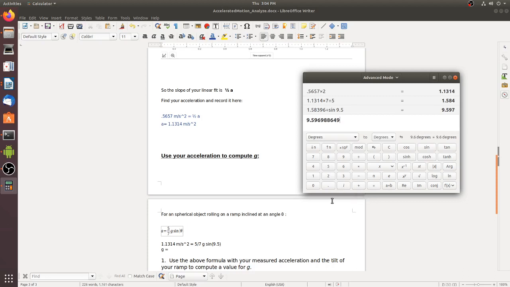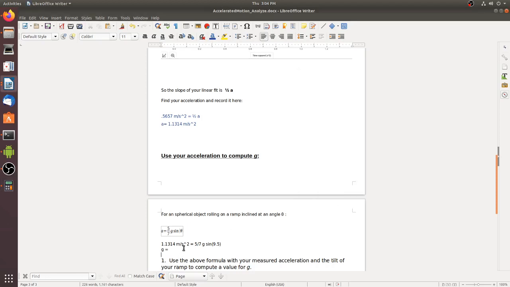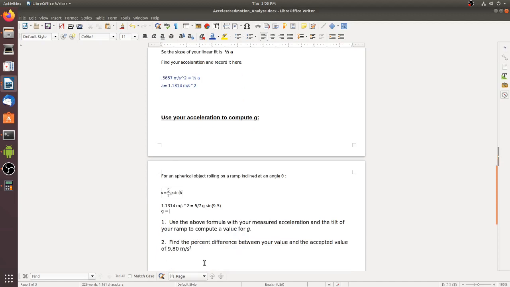Let's round that to 9.6 meters per second squared. Well, we know from class by now that the acceleration of gravity is about 9.8 meters per second squared. So I got pretty good results, I think.